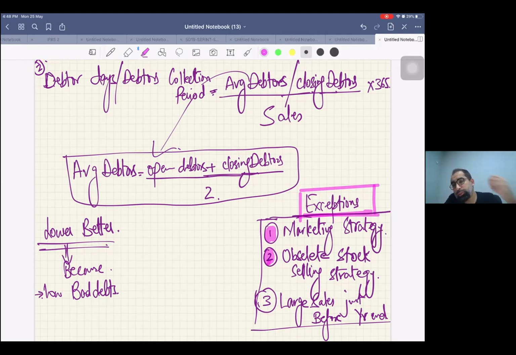So now I should sell them within 3 days, otherwise the value will be zero. So what I will do, I may give this product on 6 months credit. I will say to the customer, take the product and pay me after 6 months, because I know within 3 or 4 days the stock will be of no value. So, obsolete stock selling strategy.